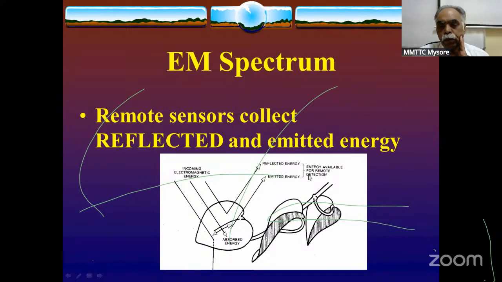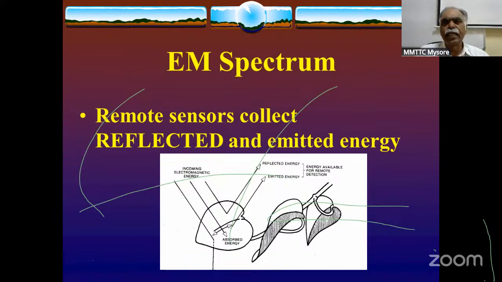Energy available for remote detection includes both types, and both are sensed by the sensor or captured by the remote sensing satellite sensor.